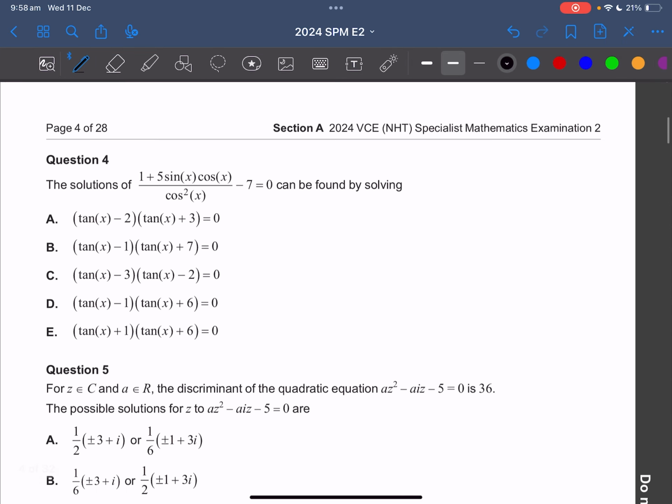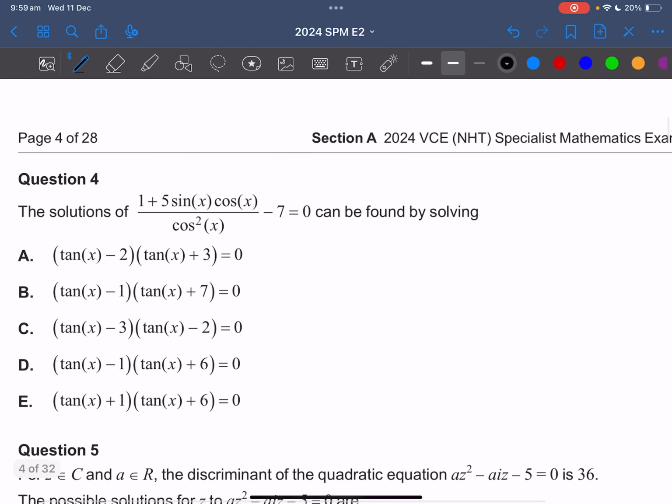So the solutions of this can be found by solving. Okay, I guess this is asking us to simplify and make the whole expression in terms of tangent. So what I'm going to do is start by separating the terms here.